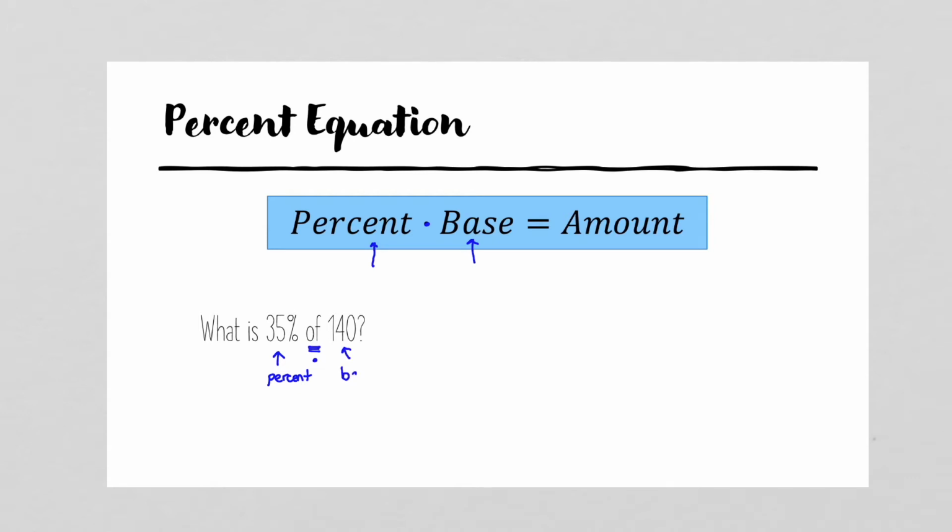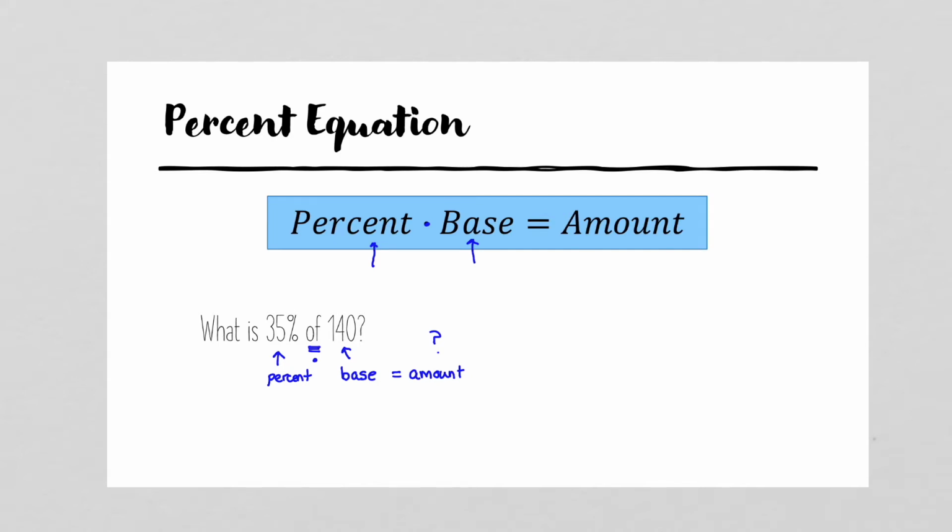And so 140 is our base, 35 is our percent. What is 35% of 140? Well, that is going to be our result, which is our amount. For this particular problem, our amount is unknown. Our base is 140 and our percent is 35.